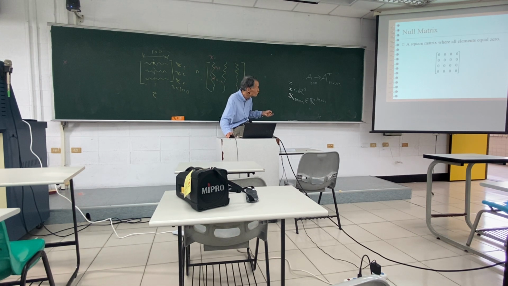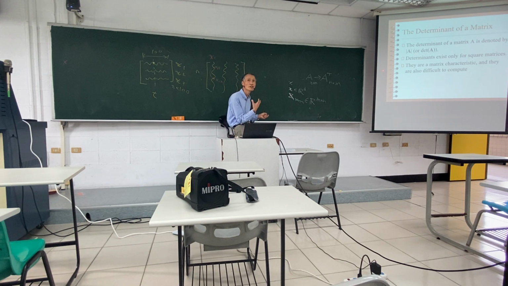The zero matrix means all entries are 0. So A times the zero matrix, everything times 0, then the outcome will be 0. And the determinant, 行列式, this is the 行列式, the Chinese term for determinant.